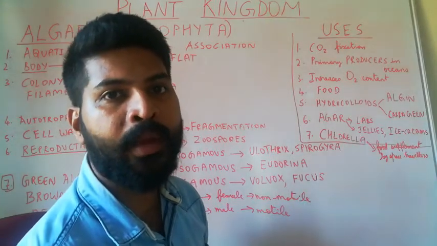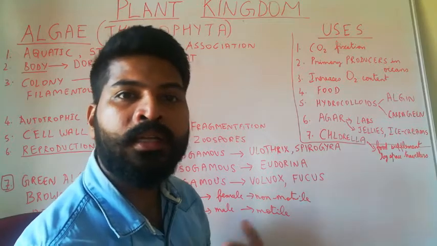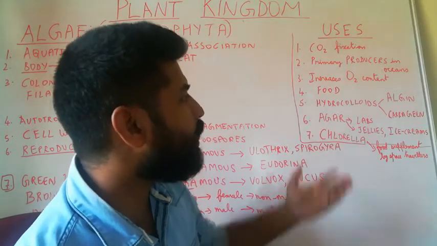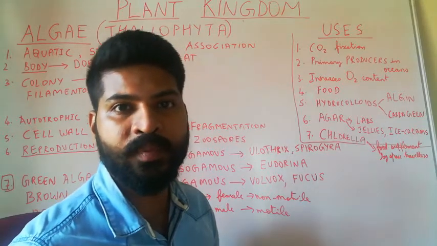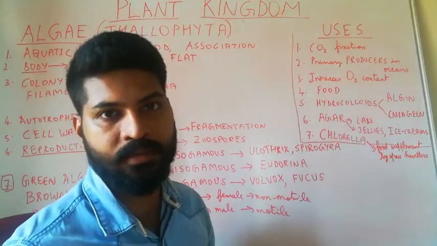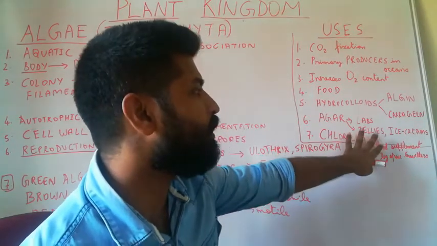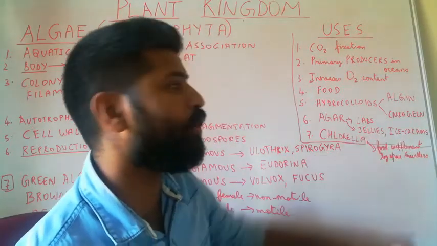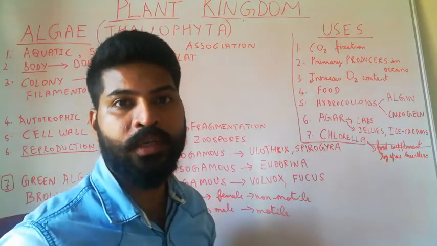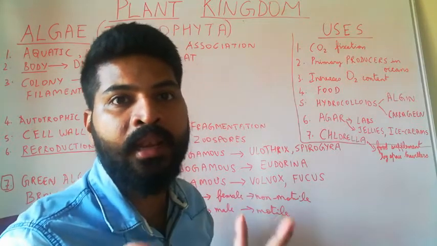This is produced by red algae, Gelidium and Gracilaria. These are used in laboratories for growing microorganisms such as fungus, etc. Also, this is used in cooking for making jellies, ice creams, etc. You would have seen in cooking shows. If you want to make ice cream, they add agar-agar. It will make it like a gel.